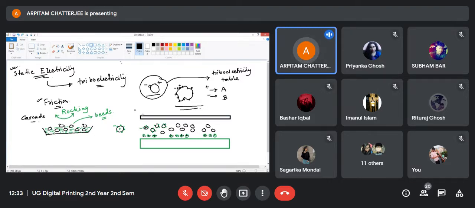Once this is done, if it is a negatively charged electrode, then these beads are going to get collected over here and used again. Toners, once used, won't be used anymore, but beads after using will be brought back over here to mix for the next print. Okay, so that is how the cascade development works.